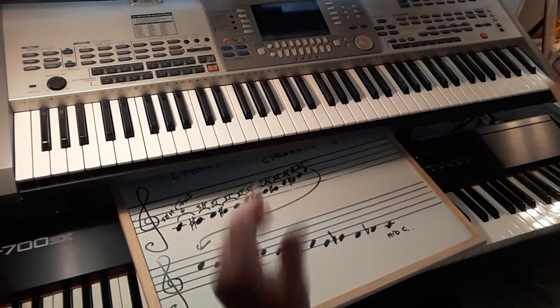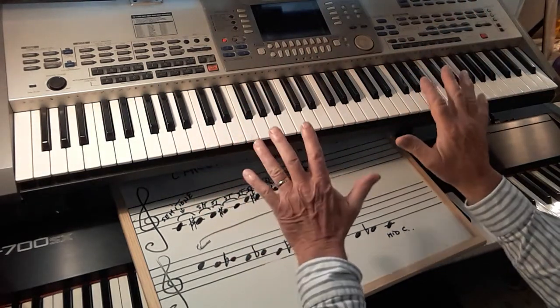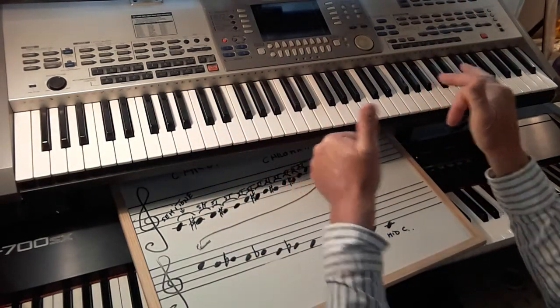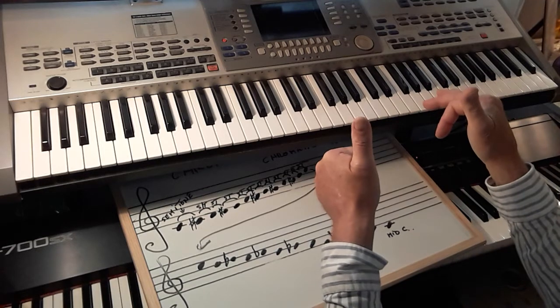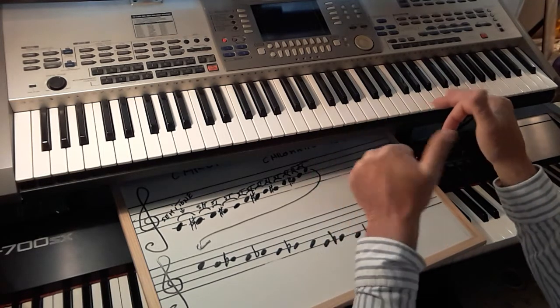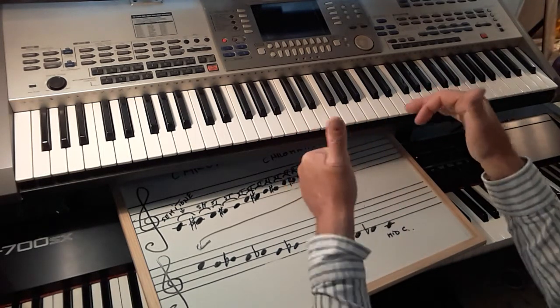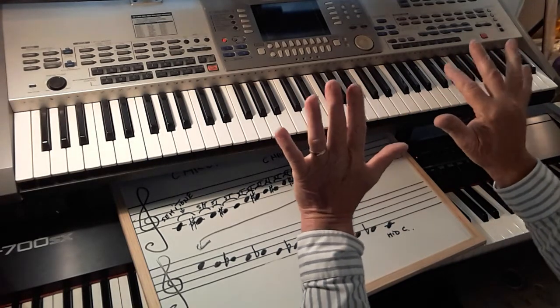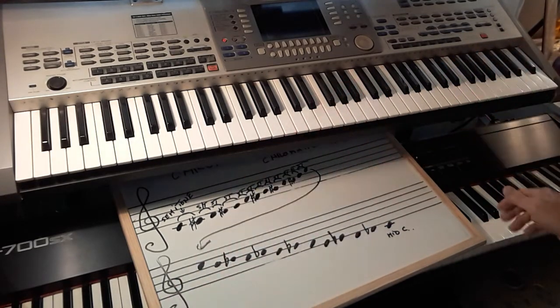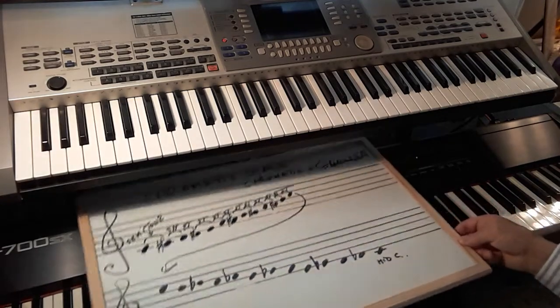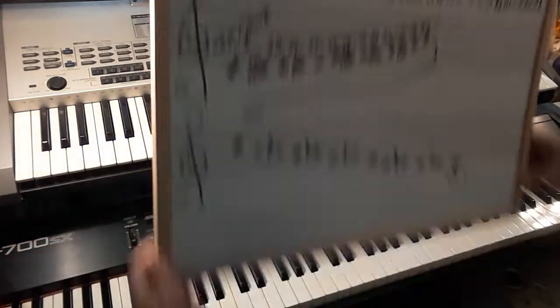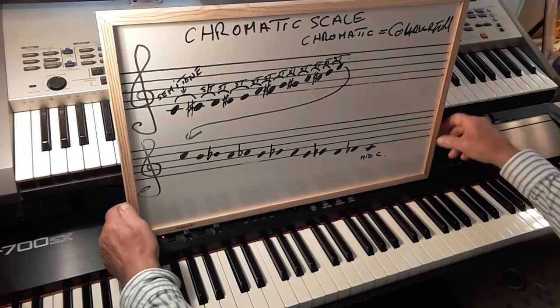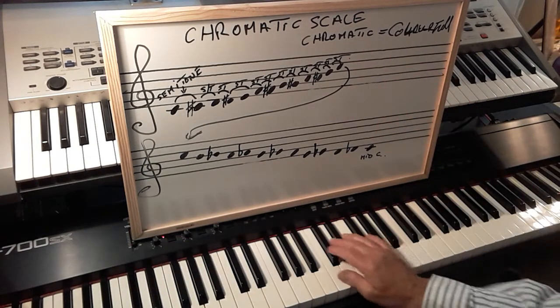Now, both hands, okay. Thumbs are number 5. No, yeah, is that right? Number 5. No, number 1. Sorry. 1, 2, 3, 4, and little finger is 5. Okay. So when we play the chromatic scale, we start off with the thumb.